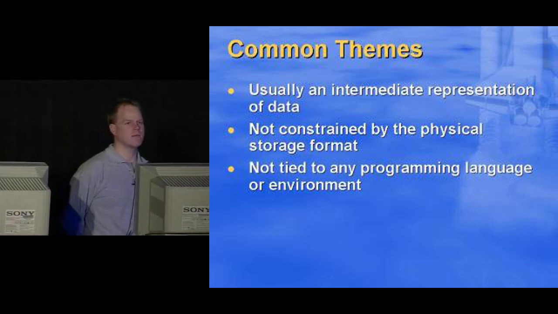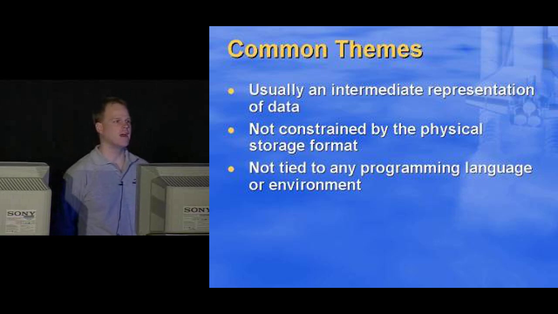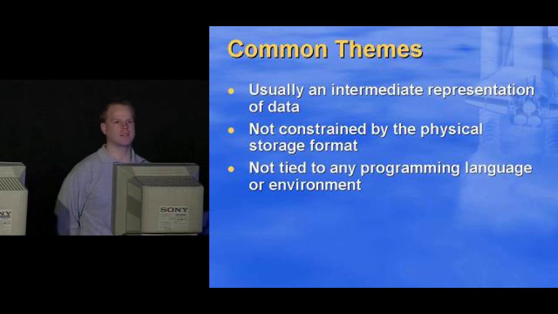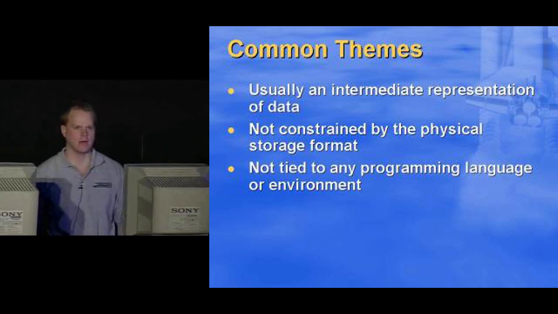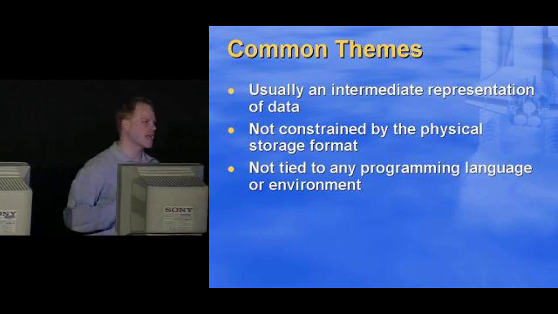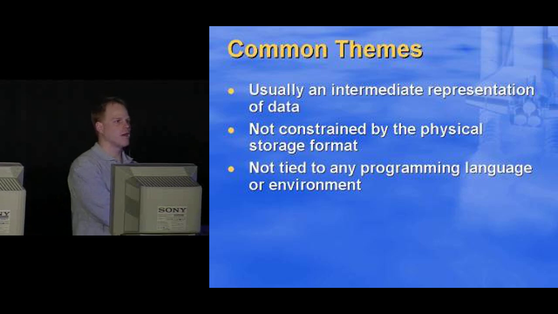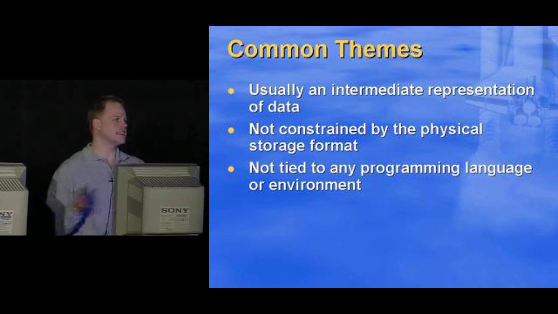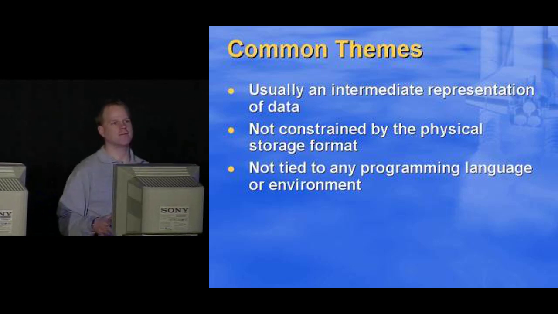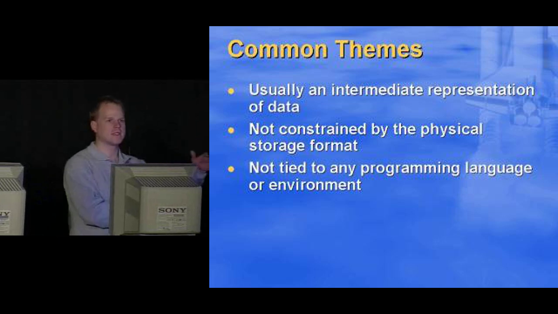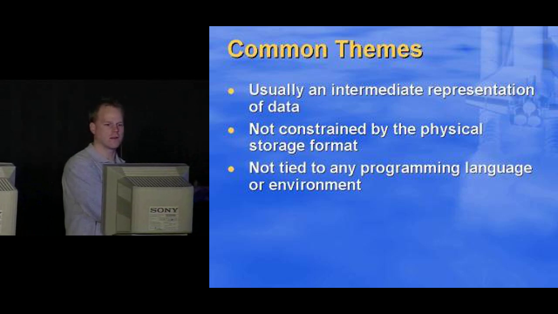XML is an intermediate representation of how the data was described and stored in their particular environment. For example, if I implement a customer ordering system, my customers, my orders, and my details may be in a variety of different tables. But when I send that data to you packaged as XML, that XML is a representation of how it was physically stored in the database.